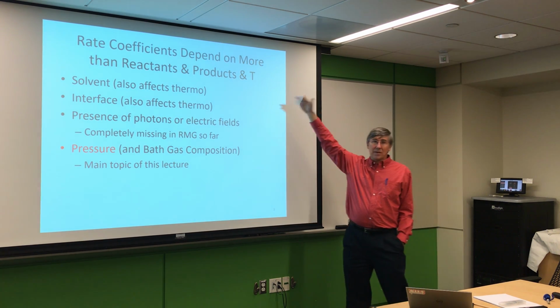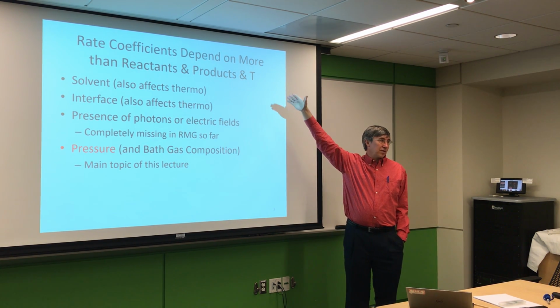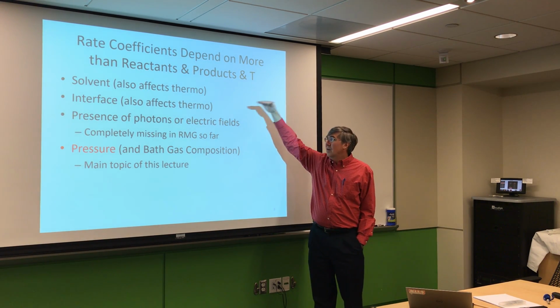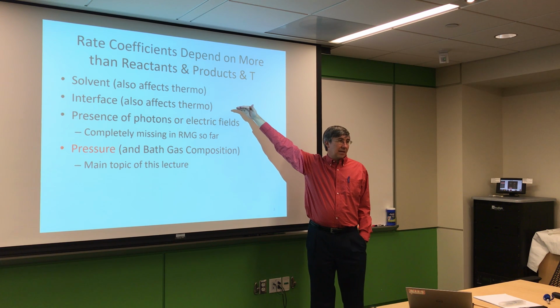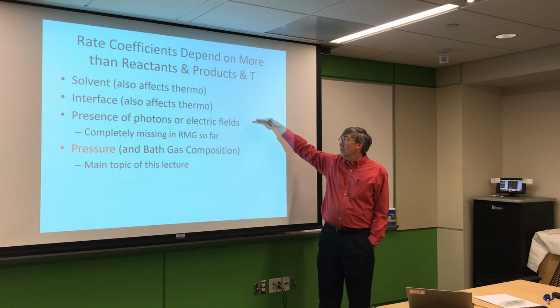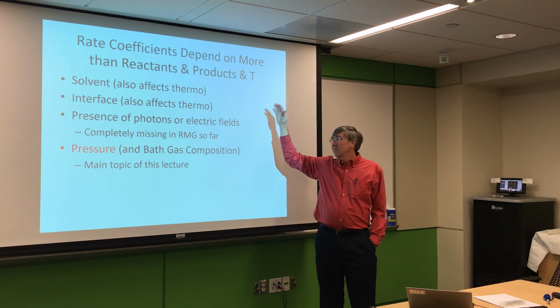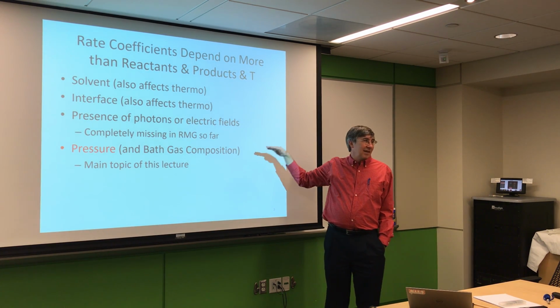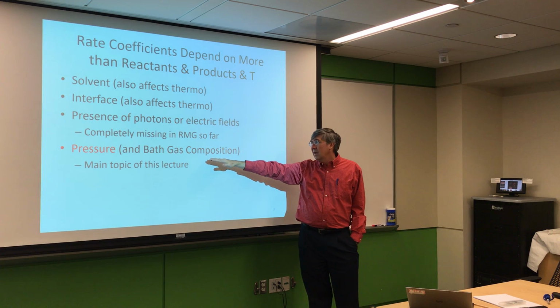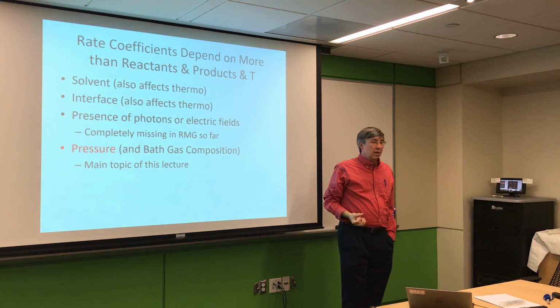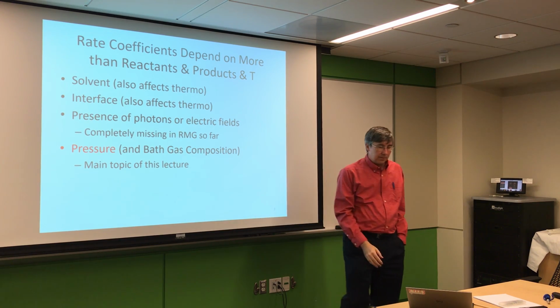So everybody knows it depends on what the reactant is, what the product is, what the concentrations are, what the temperature is. But it also depends on the solvent. It also depends on an interface if you're doing a catalytic reaction. It can be affected by the presence of photons and by electric fields. So far, RMG doesn't know anything about that. It definitely can depend on the pressure and weakly on the bath gas composition. And that's what we're going to talk about today.